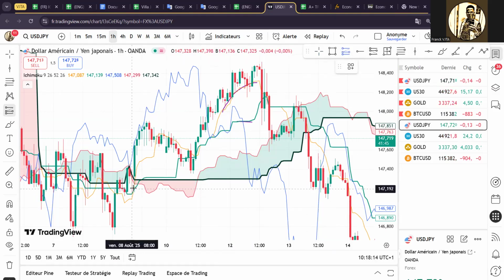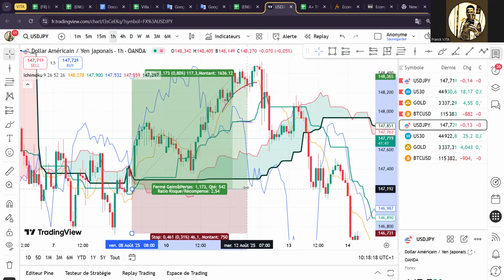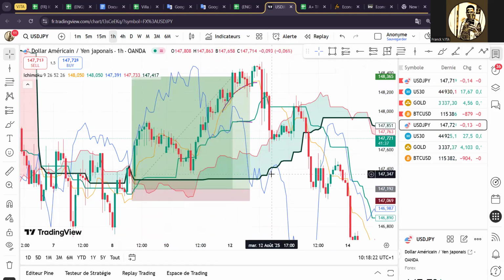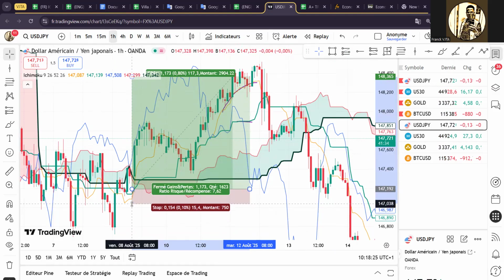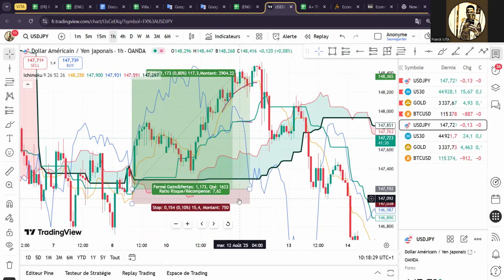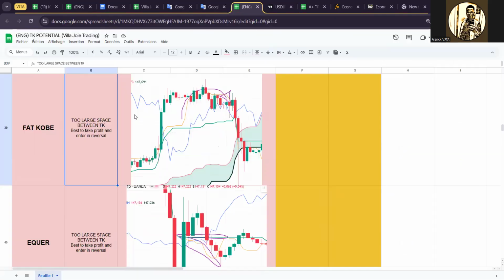Because if you have been in the trade since this point, there's no reason why you should not exit your position. This is 1 hour time frame. You could have entered in 15 minutes and placing your stop loss just somewhere like this. And then you have some risk reward. That's already good for you to exit the position because this is a fat Kobe.